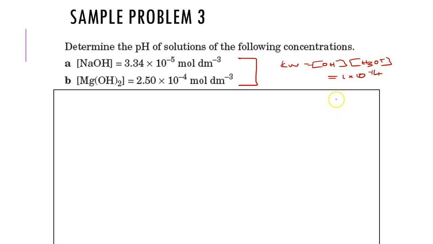Which means I can rearrange this to find H3O+ is going to be equal to 1 times 10 to the negative 14 divided by the concentration of OH-. So now I can find an unknown hydronium ion concentration that I can then put into my pH equation as long as I rearrange this formula.